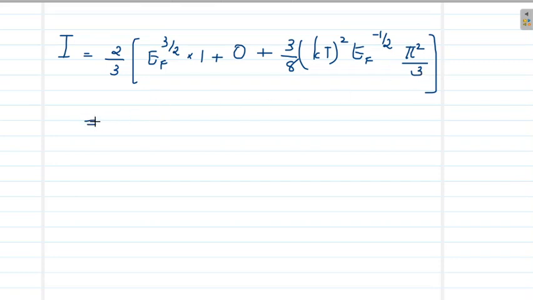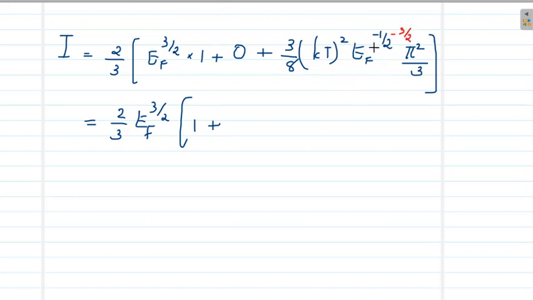So solving this we can find 2/3 into, taking Ef^(3/2) as common, (2/3) into Ef^(3/2) into 1 plus, in the first term only 1 will be left, and if we take Ef^(3/2) from here, it will be Ef^(-1/2) again a minus 3/2, right? What will be that?